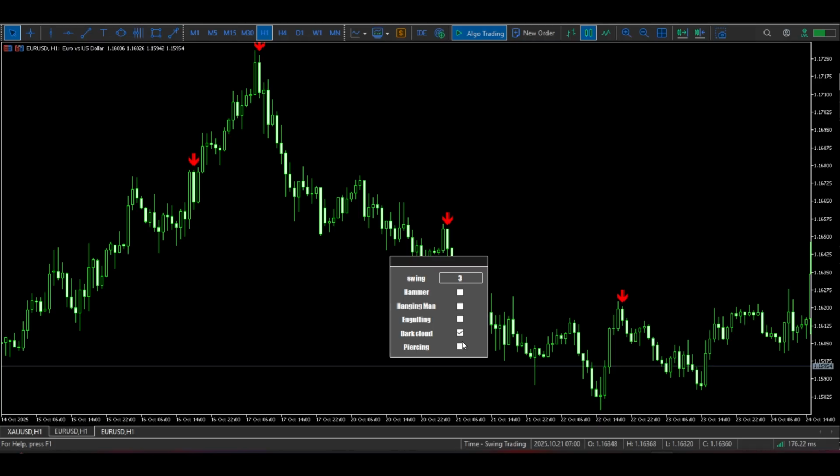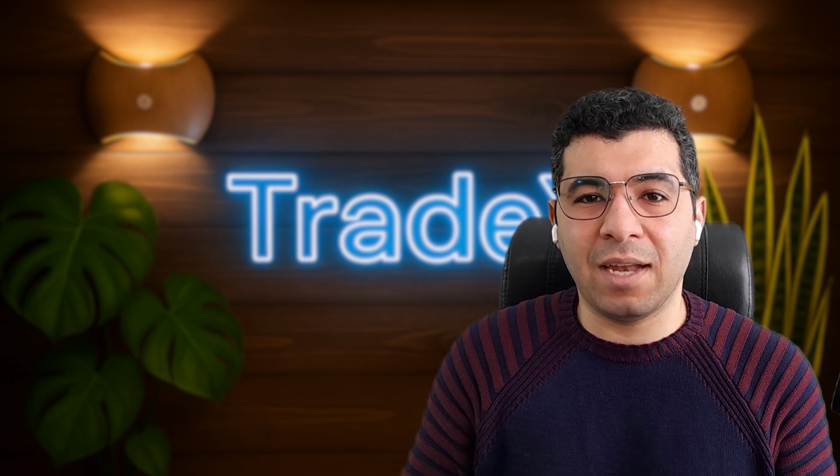The reason is that every candlestick pattern finds its meaning when it happens in a downtrend or in an uptrend. And this number means that the candle of the pattern should be the highest or the lowest among the last X candles.